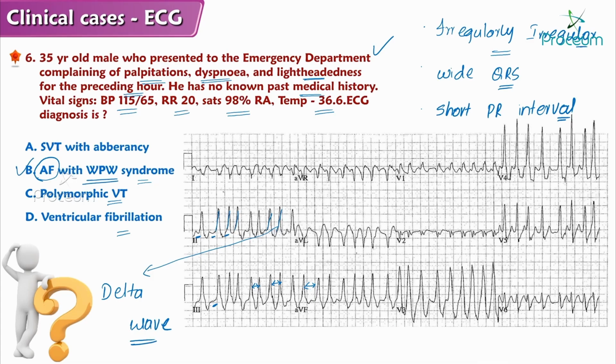Now how will you rule out the other options? I will tell you. The points in favor of atrial fibrillation with WPW syndrome are irregularly irregular rhythm, wide QRS complex, short PR interval, as well as the presence of the delta wave. Now you take the other options like SVT with aberrancy. It is supraventricular tachycardia with aberrancy.